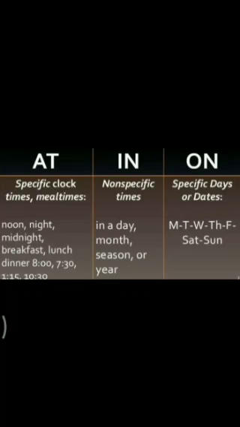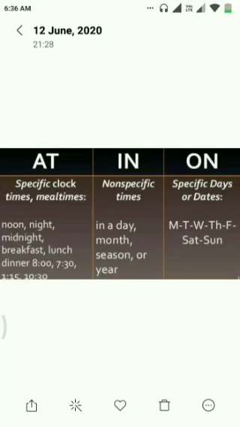Like this, for specific clock times, we always use at. In is always used for non-specific times, for example, in a day, month, season, or year. On is used for specific dates or days like Monday, Tuesday, Wednesday, Thursday, Friday, Saturday.